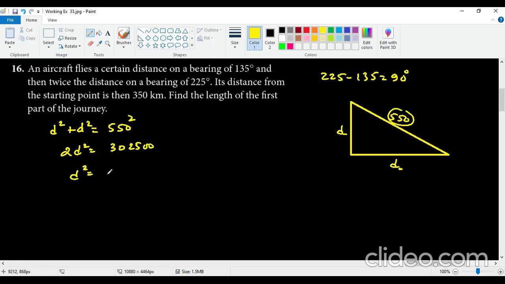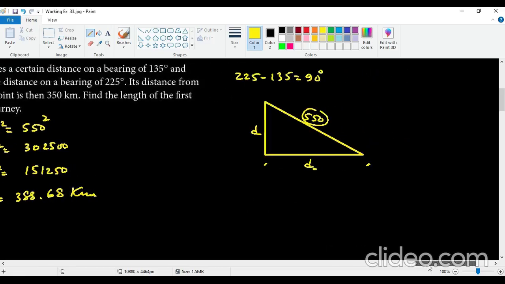So d square is 151,250. So that means d is going to be equal to 388.68 kilometers. So distance from here to here is going to be 388.68 kilometers.